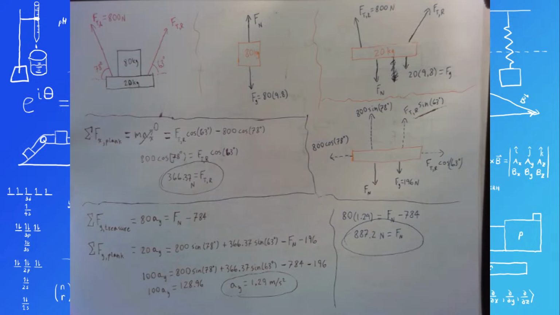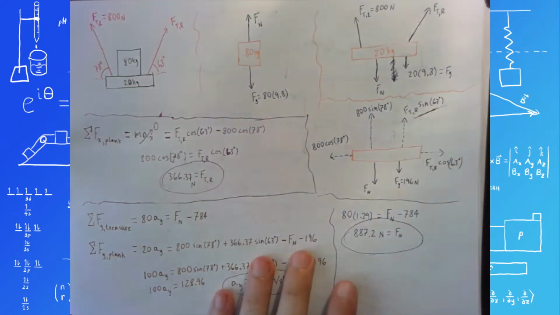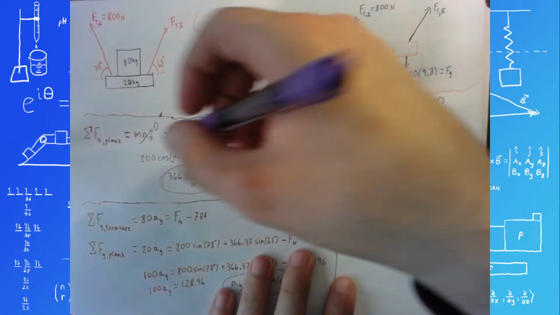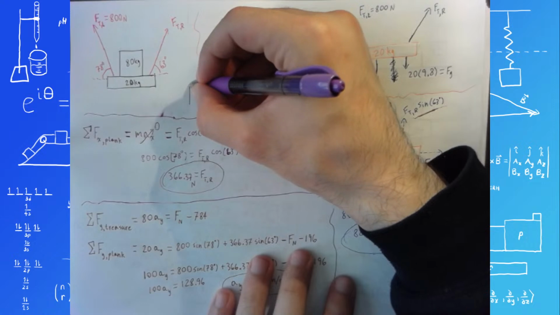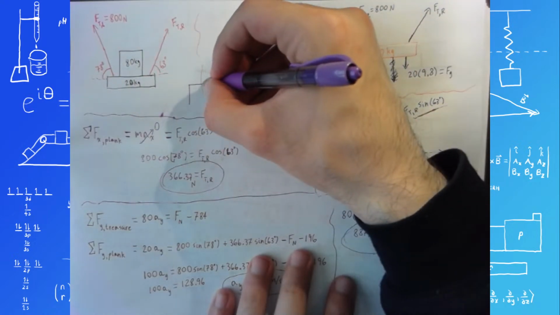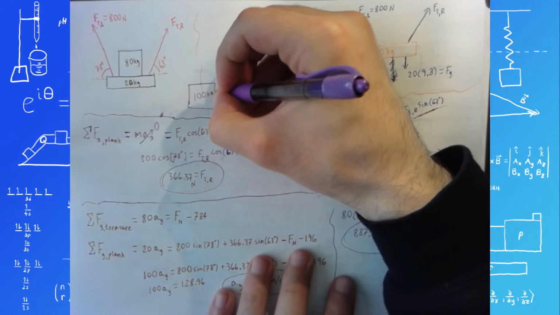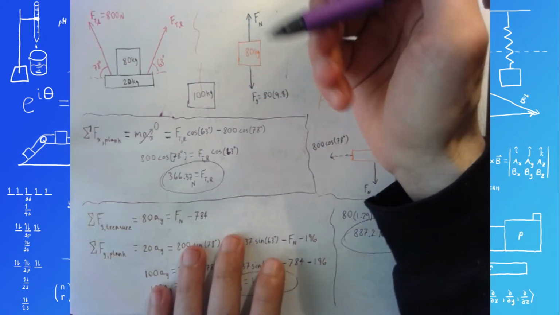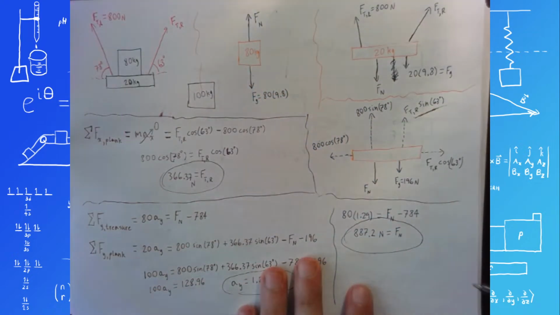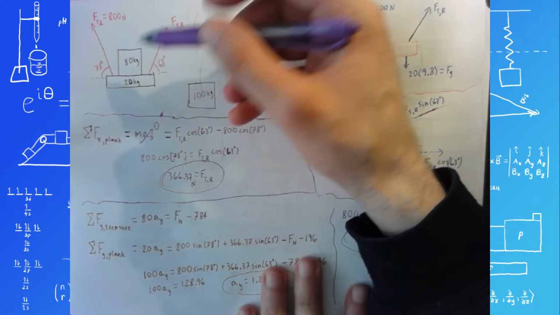You would find, if you did the math for this pirate and treasure problem, and I would encourage you to do this on your own time, I'm just going to give you a summary here, that if you took 80 kilograms plus 20 kilograms, if you treated this as a 100 kilogram object and redrew its diagram showing only the external forces, by external forces I mean the forces that come from outside of the system, not forces that the parts of the system exert on each other.